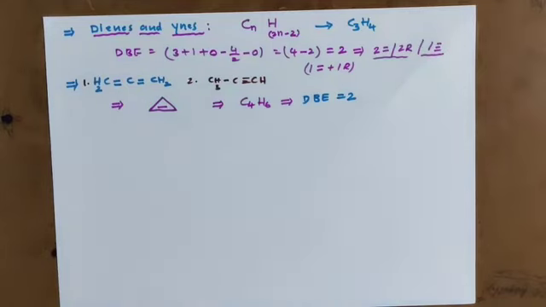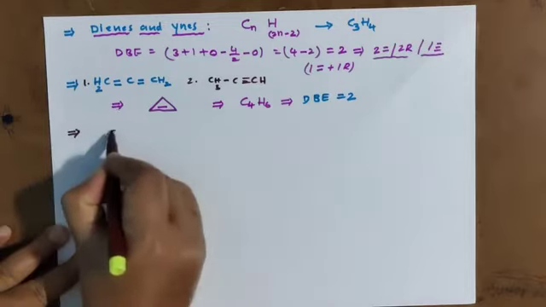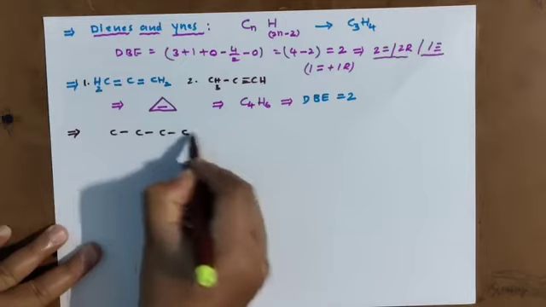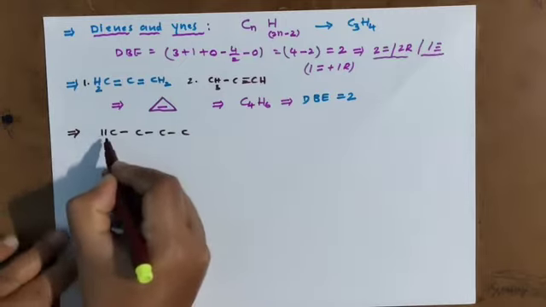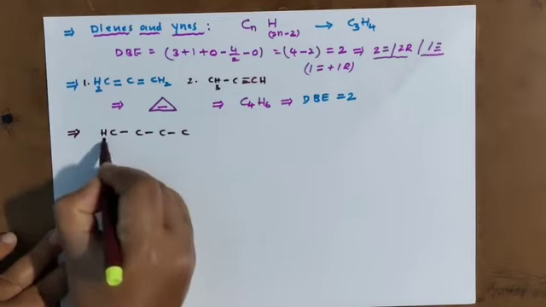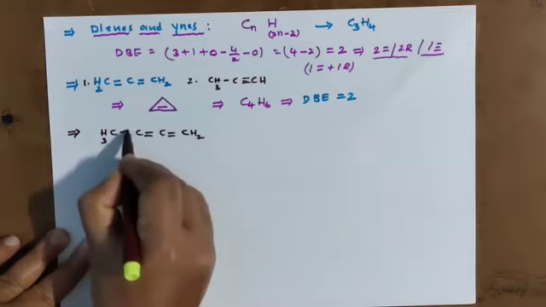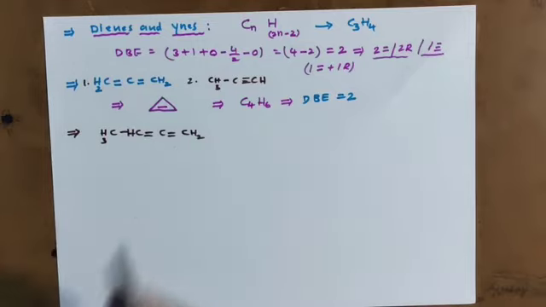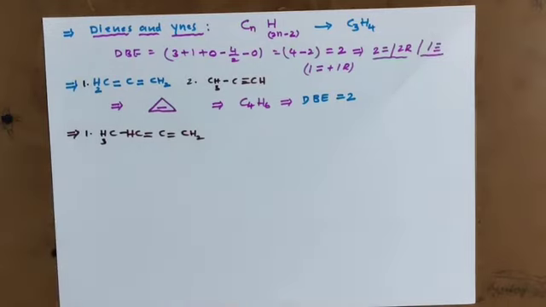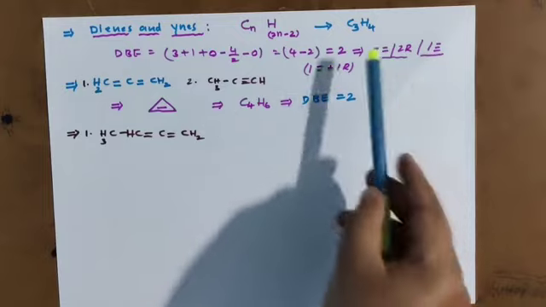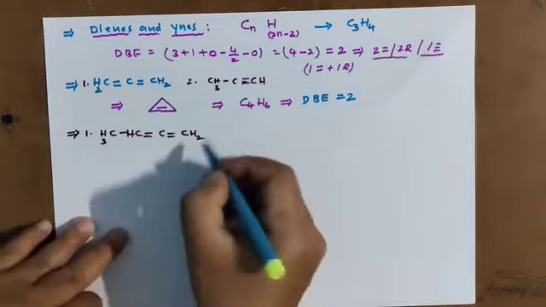Now I will show you. First, 4 carbons: 1, 2, 3, 4. Here CH3, and here a double bond, here a double bond: CH3-CH=C=CH2. This is buta-1,2-diene. Double bonds completed.